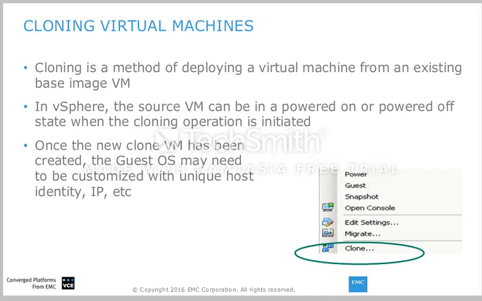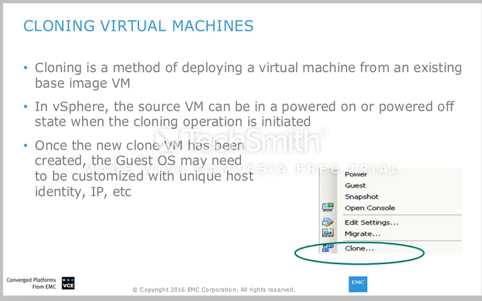Cloning is a method of deploying a virtual machine that involves imaging a base virtual machine to produce a clone copy. The source virtual machine can be in a powered on state or in a powered off state when the cloning operation is initiated.